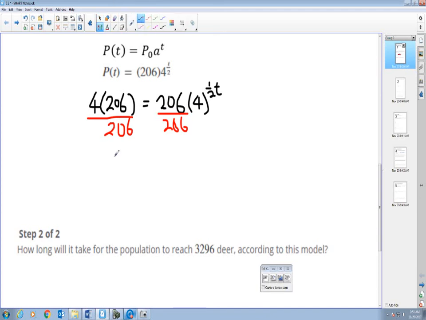That leaves me with 4 equals 4 to the half t power. The 4 means 4 to the first power. When the bases are the same, we set our exponents equal to each other. If I divide both sides by a half, my time will equal 2 years.